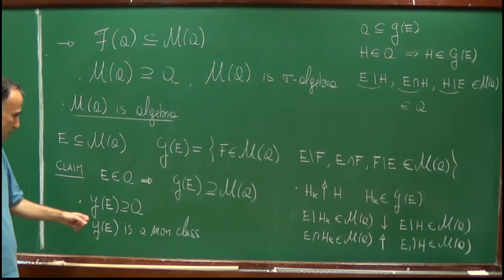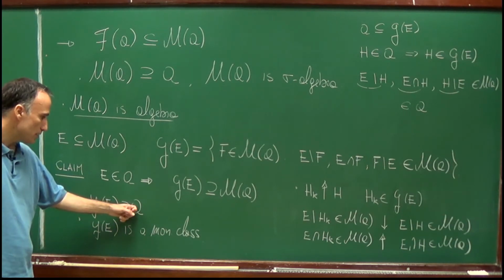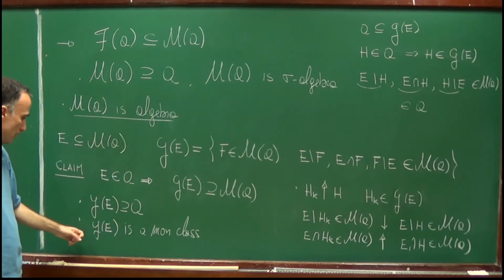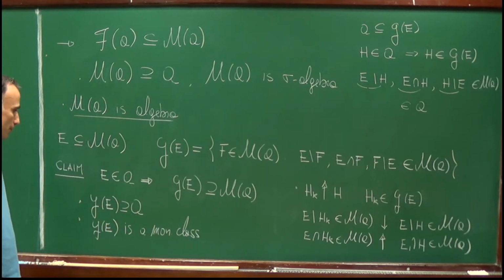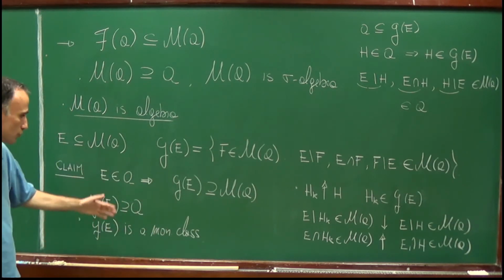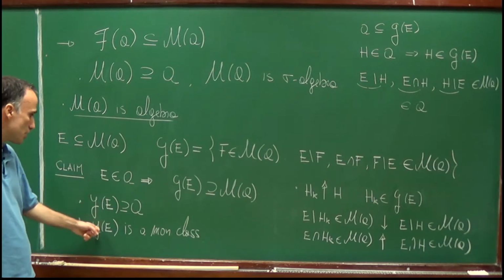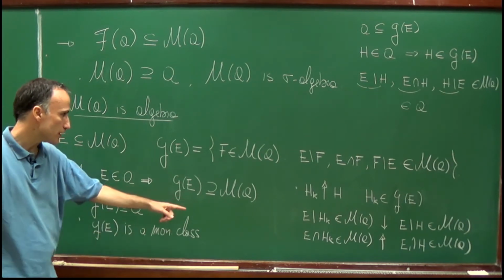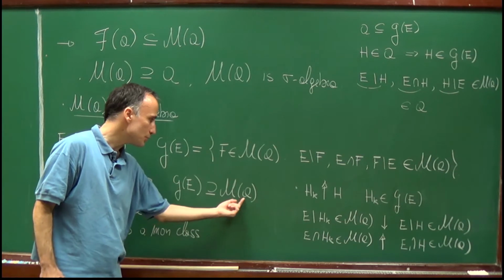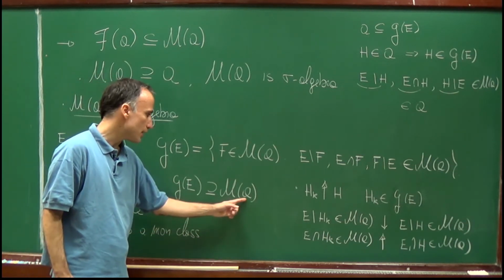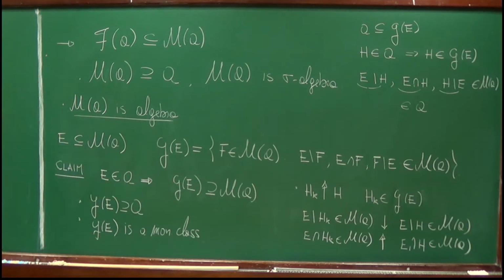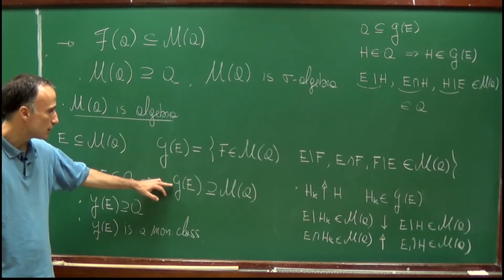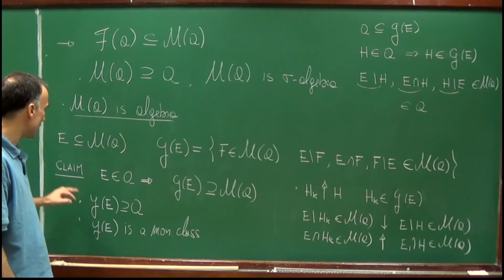Once you know that G of E contains the algebra, which I proved, and that G of E is a monotone class, you conclude that G of E also contains the smallest monotone class which contains the algebra A, which is M of A, which proves that M of A is indeed contained in G of E as I claimed.